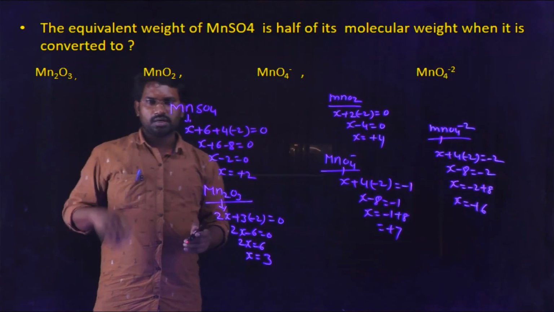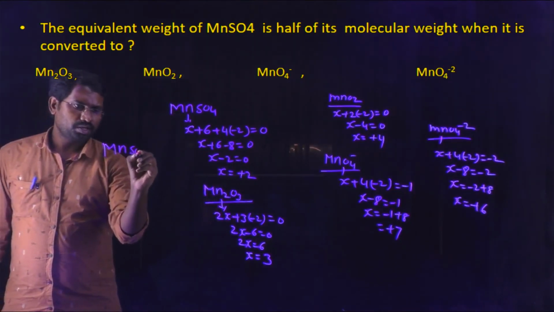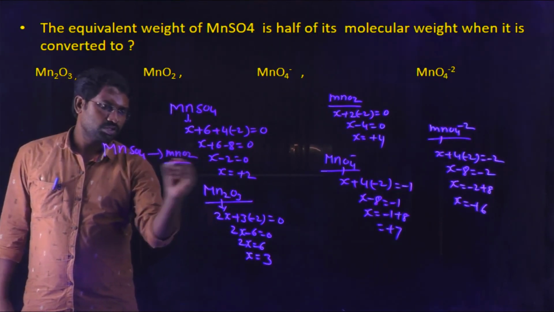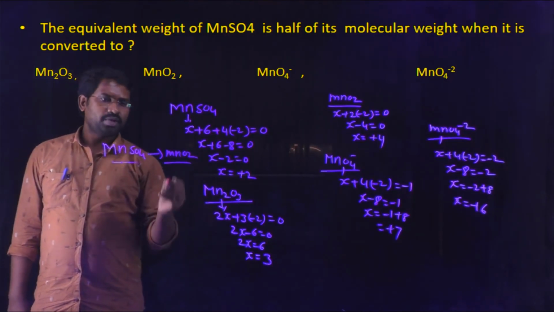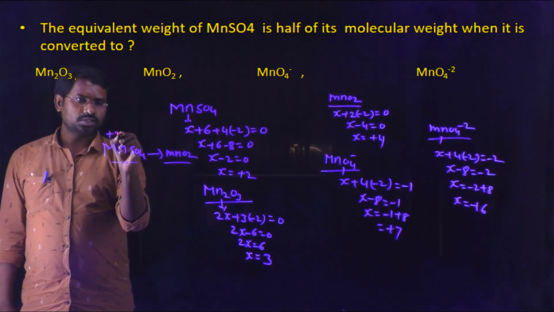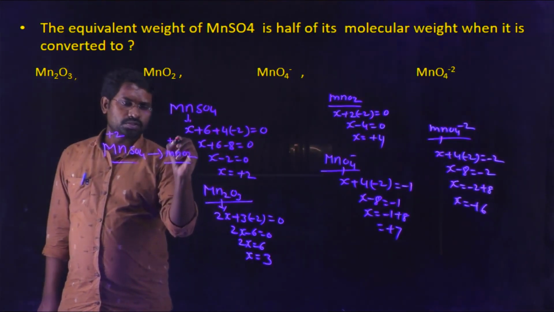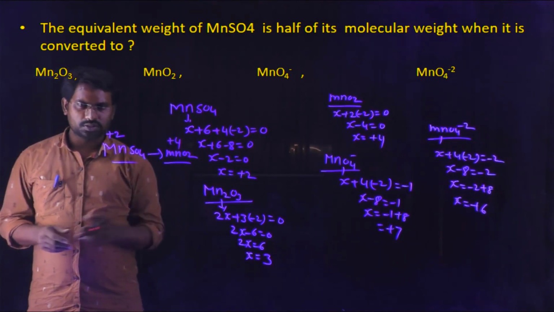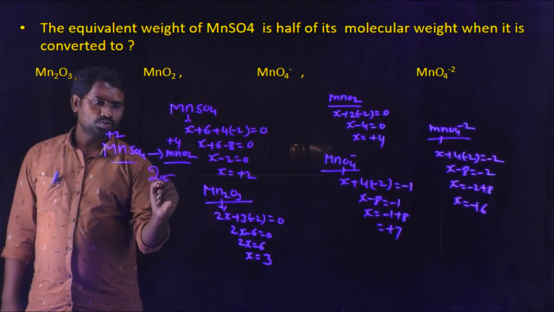That means when MnSO4 changes to MnO2, that is possible. Manganese sulfate changes into manganese dioxide. In manganese sulfate, the manganese oxidation state is plus 2. In manganese dioxide, the oxidation state is plus 4. Therefore, the number of electrons involved in this transition is 2 electrons.